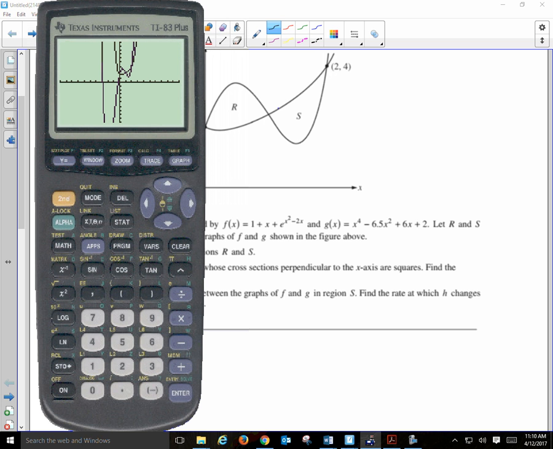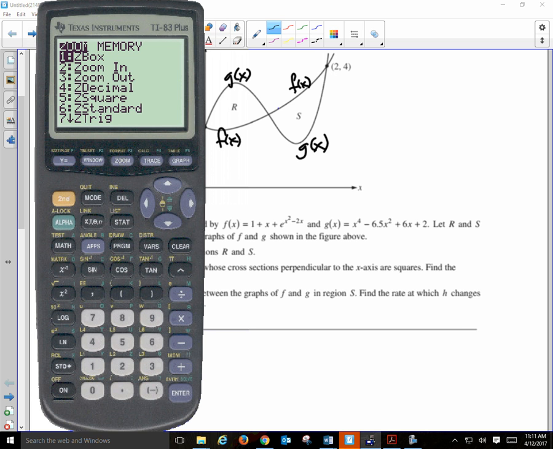So it looks like the original assumption isn't correct. It looks like what looks like the cubic is actually the quartic. So this thing is g of x, and this is f of x. I'm going to zoom in with a box so I can get a better picture now that I've appropriately labeled them.